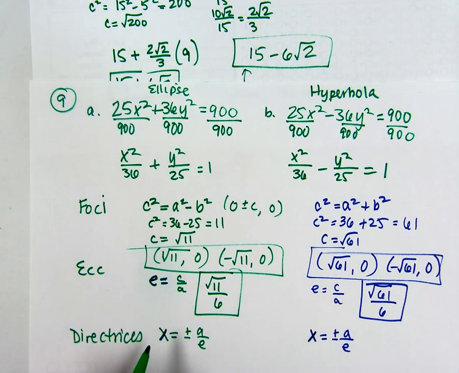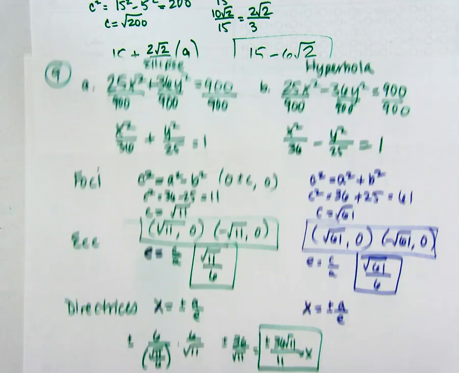Okay, so a is 6, e is root 11 over 6. Now I'm going to simplify this a little bit, so I'm going to multiply by the reciprocal. So I have plus or minus 36 over root 11. If I rationalize it, it's plus or minus 36 root 11 over 11. And these are vertical lines, so it's x equals.